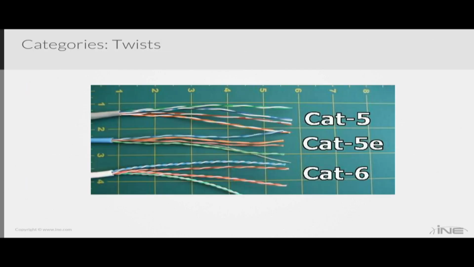Compare the category 5 cable on the top with the category 6 cable on the bottom, and you can clearly see that as far as twists per centimeter are concerned, the category 6 cable has a lot more twists in a shorter length than the category 5. So that category 6 cable is going to be more expensive for you, but it will prevent that electromagnetic interference from happening.